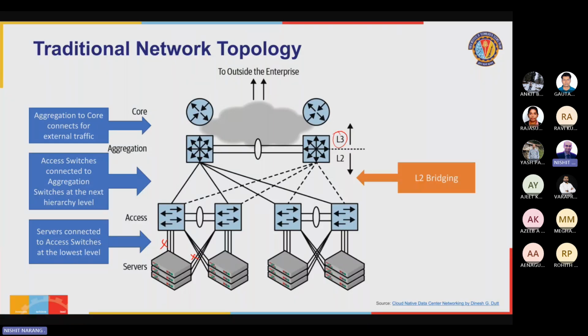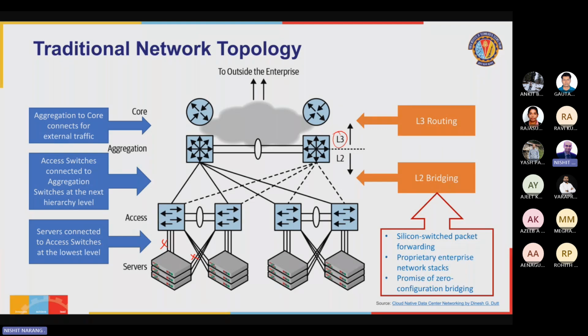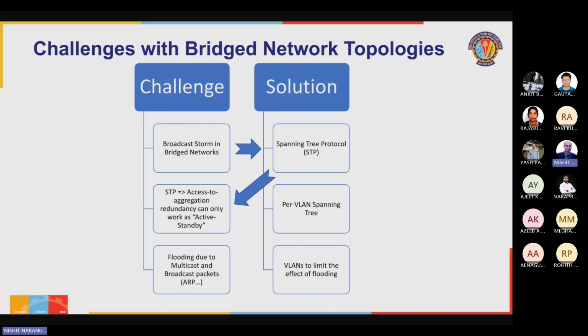Sure. Okay, so these are some of the methods that, as we discussed, we use in bridged network topologies to overcome the challenge of flooding. And as a result of flooding and cyclic loops together, the broadcast storm that gets created, you can use VLANs, STPs, and the two of them together to solve the problem.